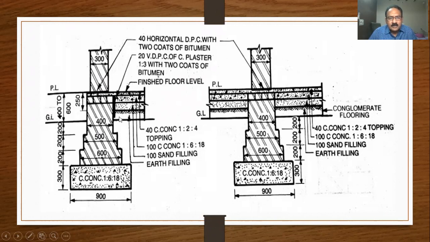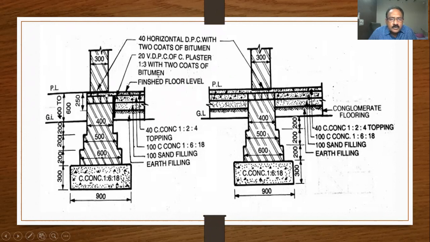In our syllabus, this type of problem has been given, and in your external exam also you will get this type of problem. This is the first footing of 600 mm width, this is 500 mm width, and 400 mm width. This is ground level, this is plinth beam level.